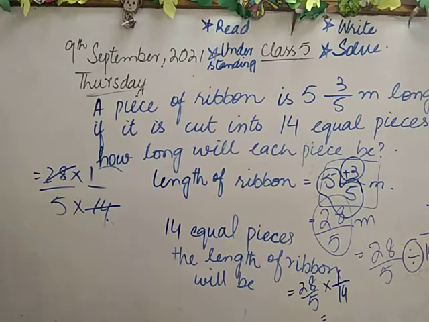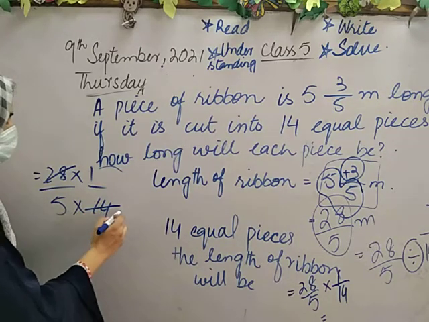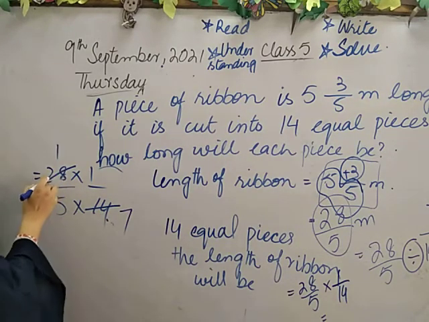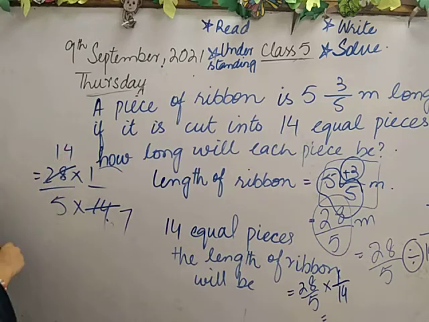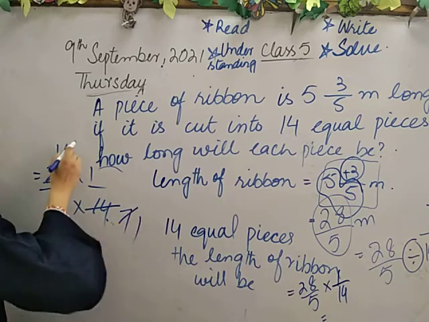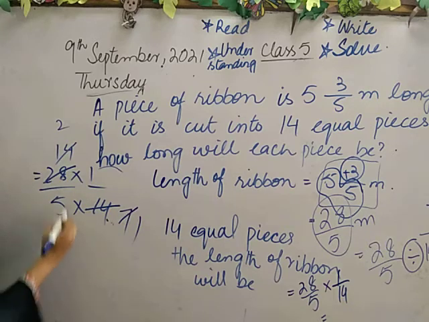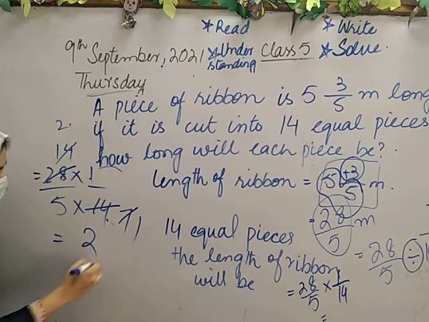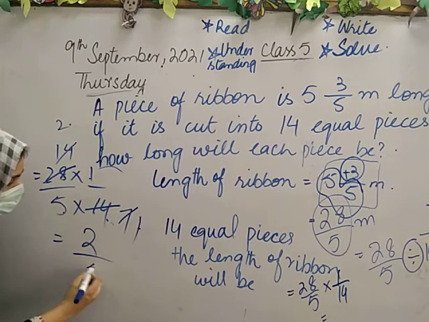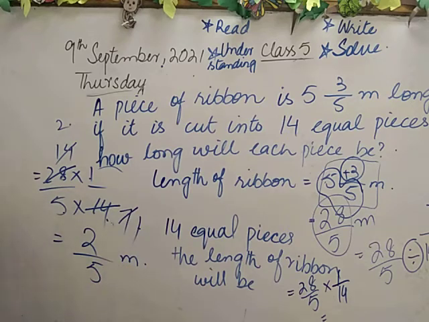Now I will cut using the table of 2: 2 sevens are 14, 2 ones are 2, and 2 fourteens. Again 7 ones and 7 twos. So 2 into 1 is 2 and 5 into 1 is 5 meter. So each piece of ribbon is 2 by 5 meter.